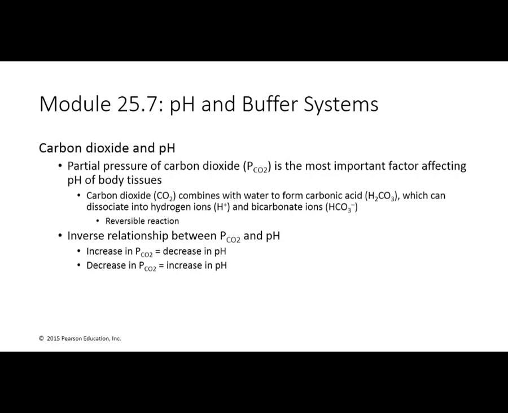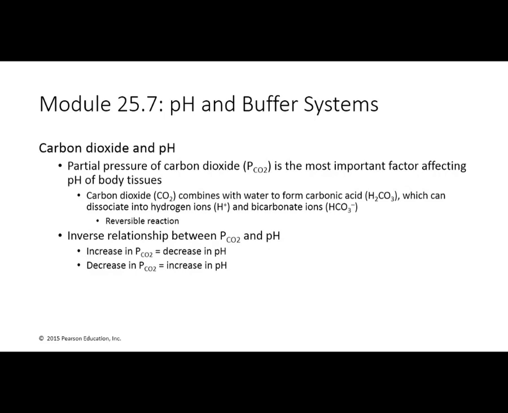And this can jump back and forth. So carbonic acid and CO2 and water can go back and forth. But if you rearrange that chemical equation, you can also get out of it bicarbonate. And bicarbonate will help buffer this a little bit. There's an inverse relationship between PCO2 and your pH.